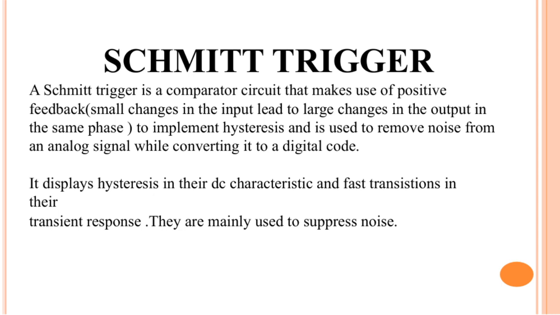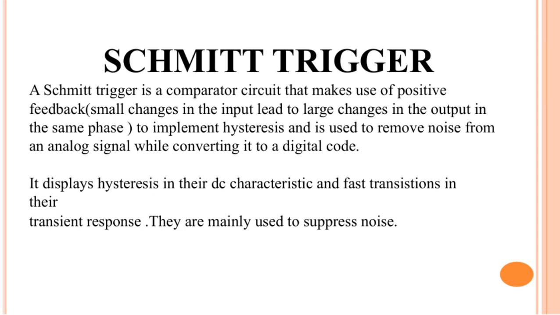One of the key features of a Schmitt trigger is its ability to implement hysteresis, which helps to stabilize the output by creating two different threshold voltage levels for switching. This hysteresis is clearly seen in the DC characteristics of the device. Because of this hysteresis, the Schmitt trigger can effectively remove noise from analog signals before converting them into a clean digital code.